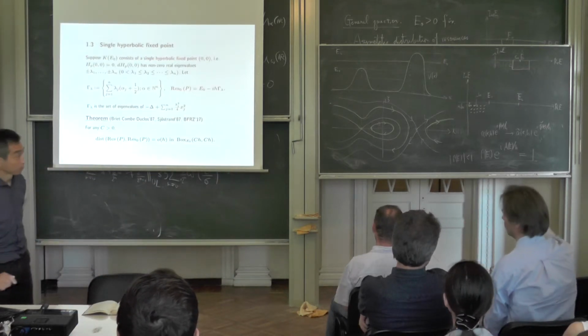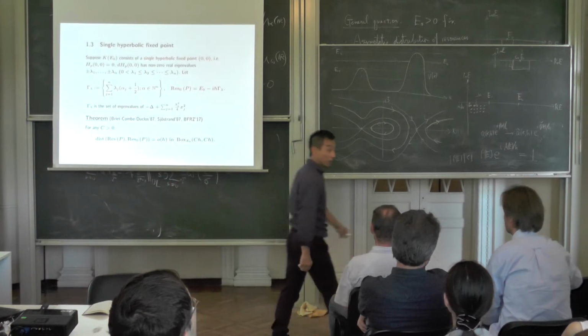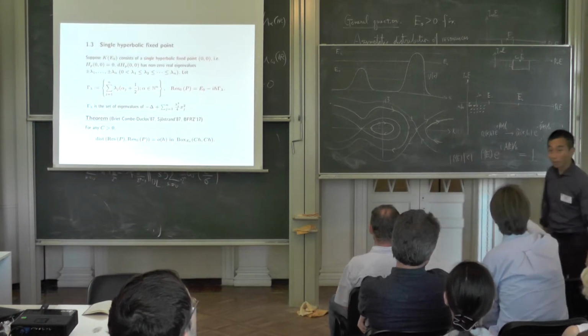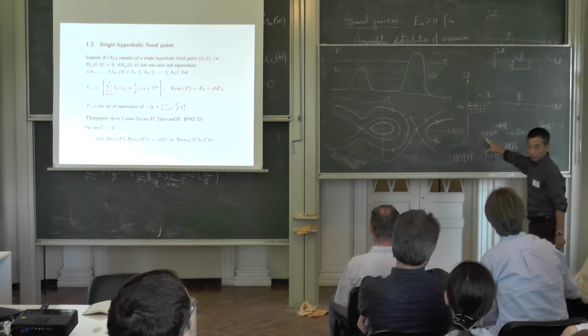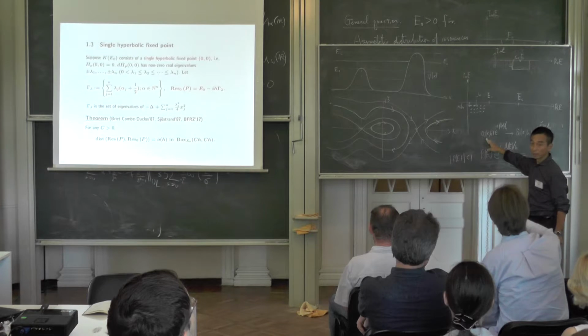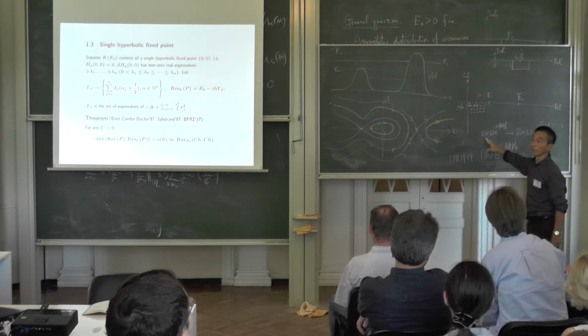Yes. Your amplitudes, are they assumed to be non-negative functions? Or is it complex? It's complex. Yes. So it is not completely well defined how you separate into the phase and the amplitude.